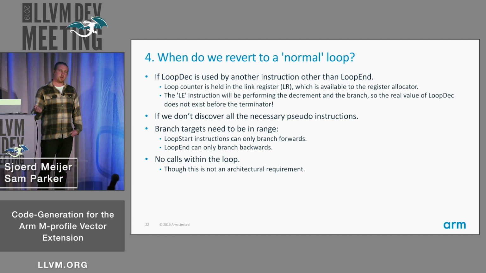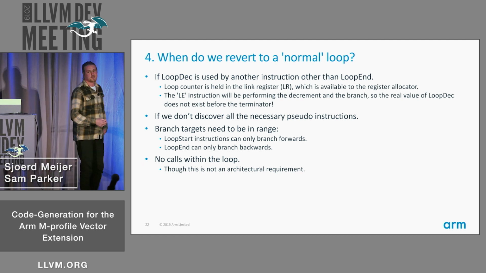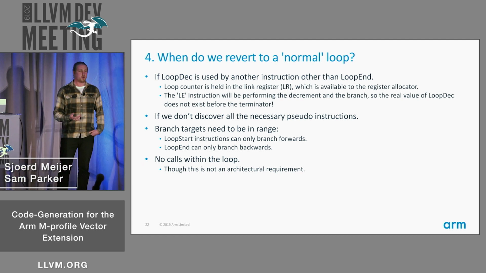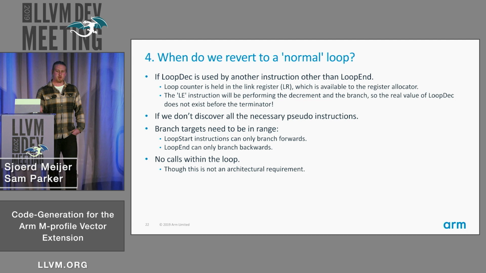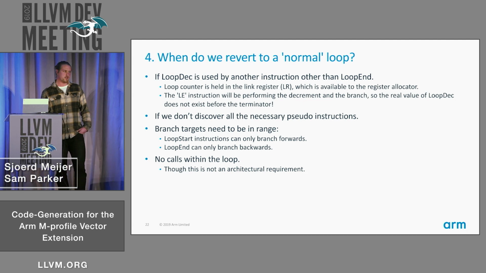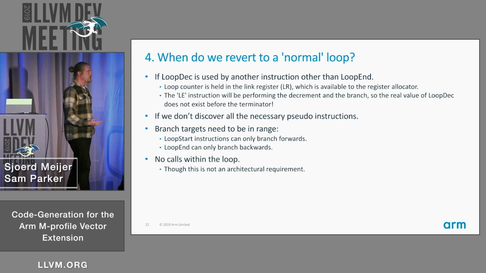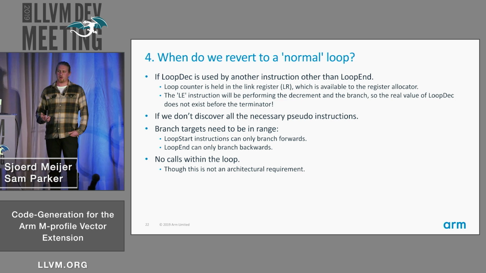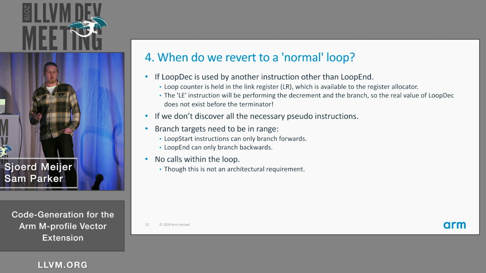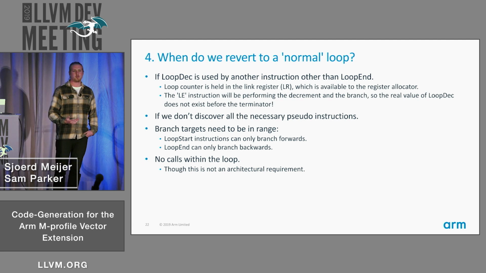This value can be moved around, and it happens because our loop counter is always stored in LR, and the register allocator can use LR, and it does some weird things sometimes. So it can be moved or spilt, so we have to revert in those cases. Sometimes we're operating on a machine loop, and sometimes the blocks haven't been recognized as being part of the loop, so sometimes we don't find our pseudo instructions.